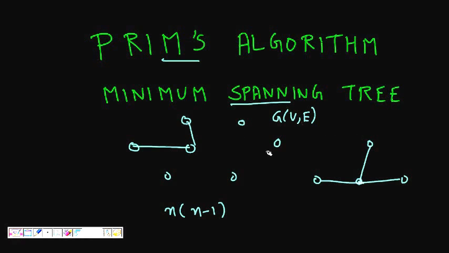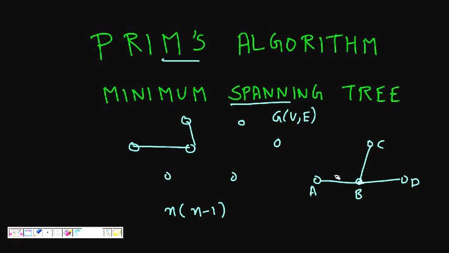So for example, in this graph ABCD, these three edges constitute a spanning tree because it joins all the four nodes.